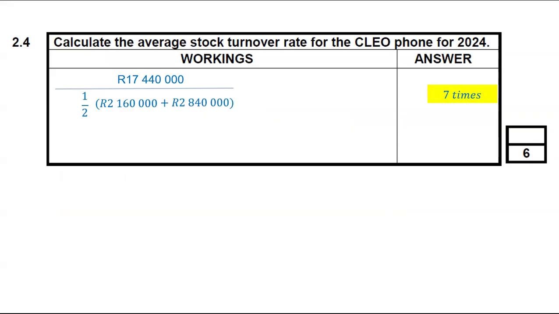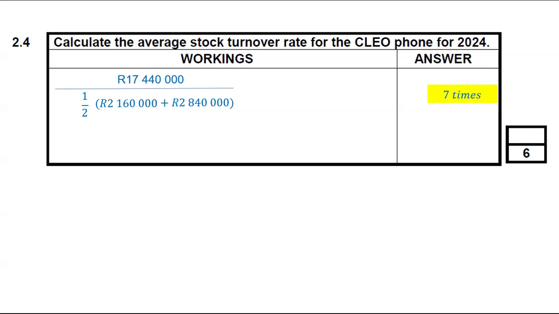But you now know for stock turnover rate, the numerator must be cost of sales and the denominator must be the average value of your stock, which is the value of your opening stock plus the value of your closing stock. Then you find the sum. Whatever answer you get there, you divide it by 2 or you multiply it by half, just like we have done here.